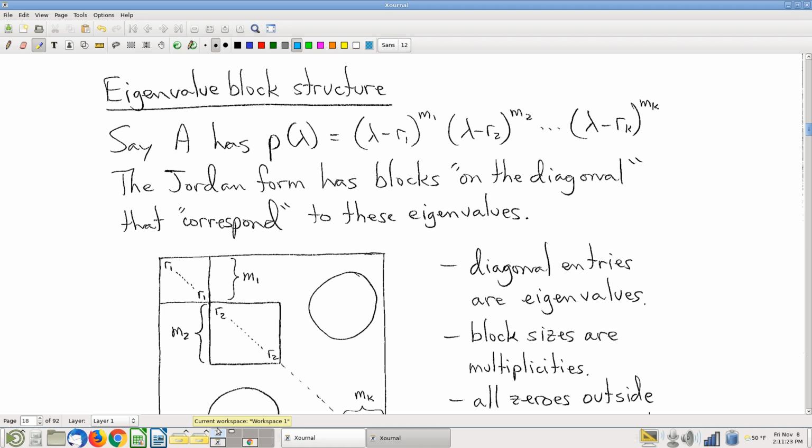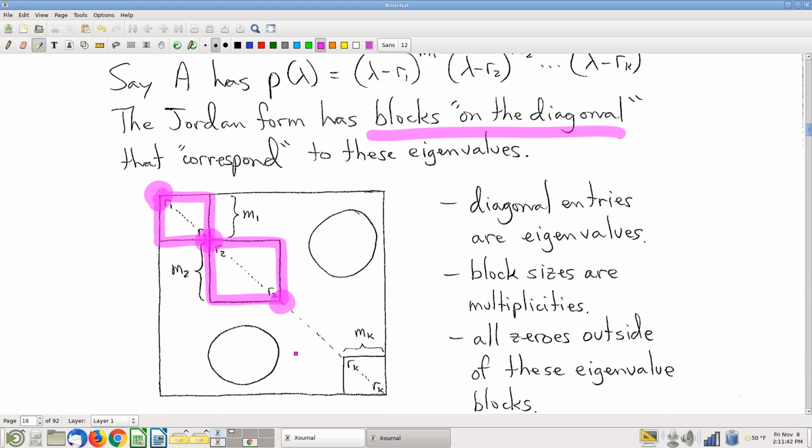Jordan canonical form is made up out of what we call blocks. Blocks on the diagonal. By on the diagonal, what I mean is that the corners of these blocks are strictly on the diagonal.